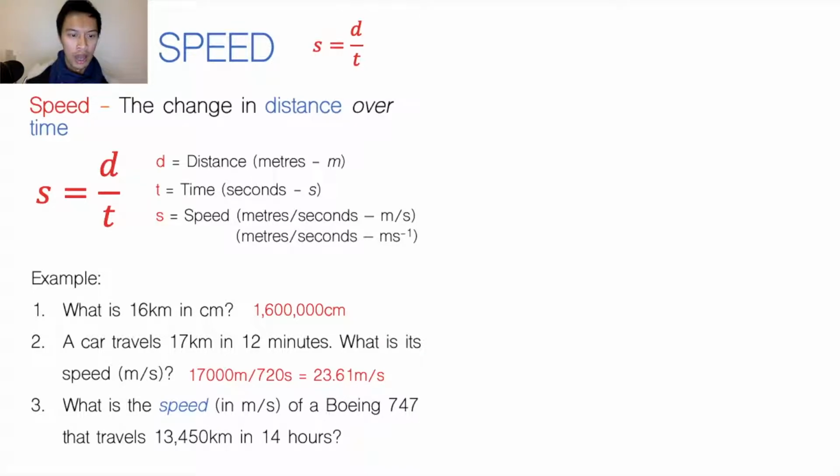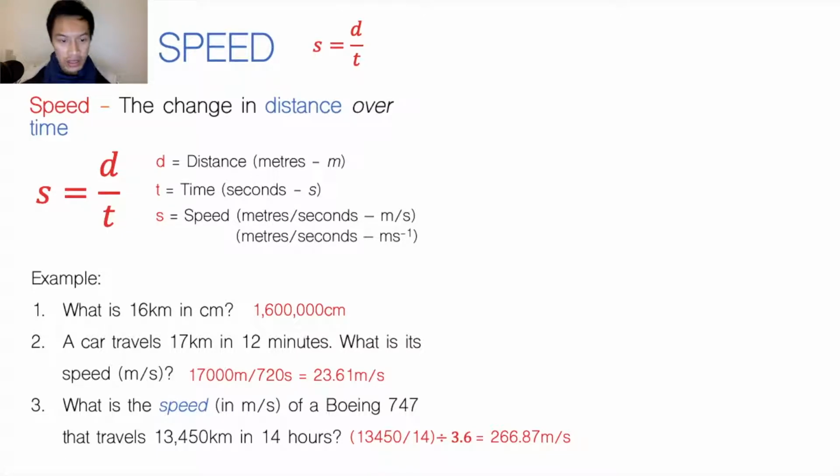Okay. Last question, what is the speed in meters per second? Notice how it's asking again for the unit, of a Boeing 747 that travels 13,450 kilometers in 14 hours.